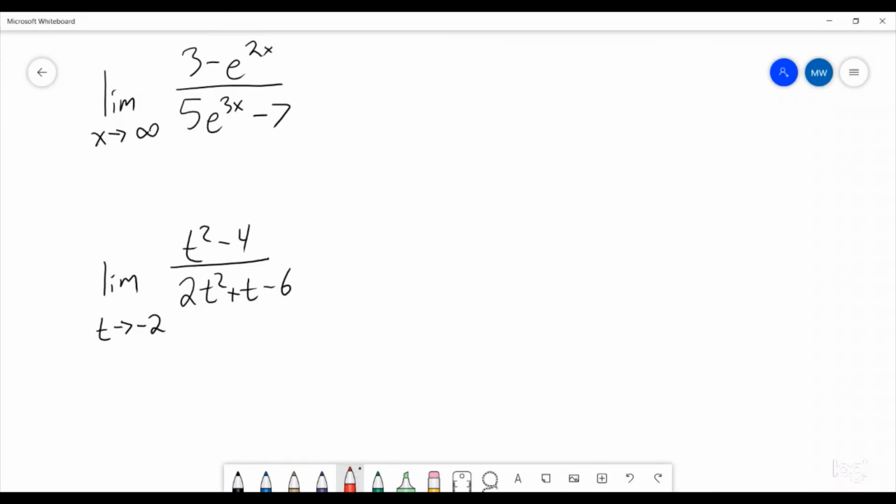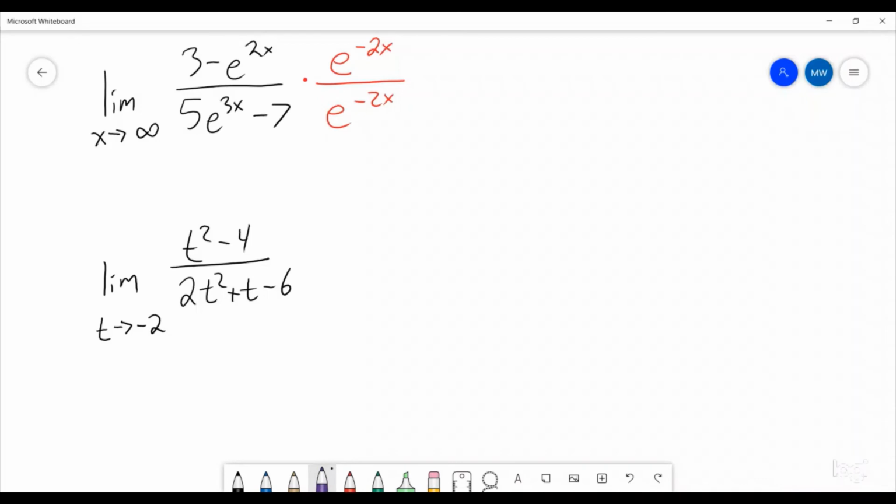Okay, so for this first one, we're going to want to get rid of some of those e to the 2x's or e to the 3x's, because as x goes to infinity, the top is going to negative infinity and the bottom is going to infinity. That's an indeterminate form. We don't know what's happening. So we're going to multiply the top and bottom by e to the minus 2x, the power of e on the top.